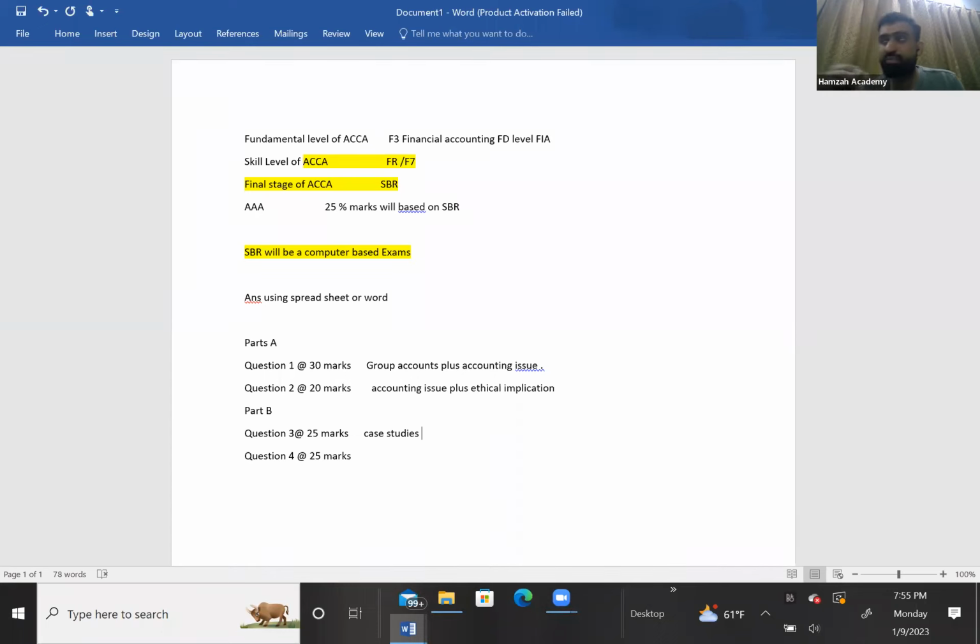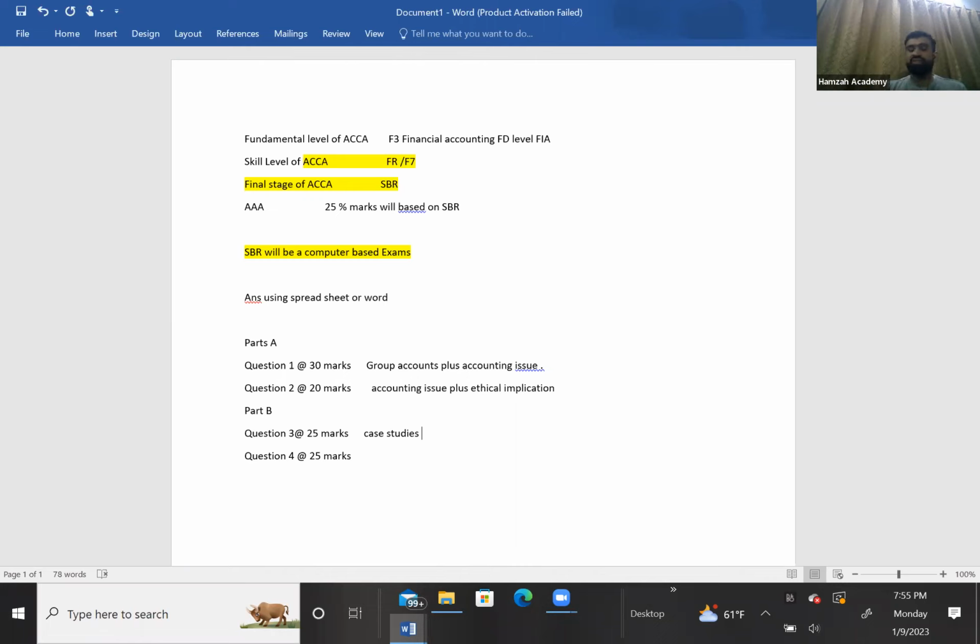These are for how you have attempted the question, the way you are giving the answer, the terminologies you are using, the practicality you are using in your answer relating to the given case study. Those marks are 20% of your exam. So out of 100, 20 marks would be available for your professional skills, known as professional marks, and 80% marks would be available for your knowledge.